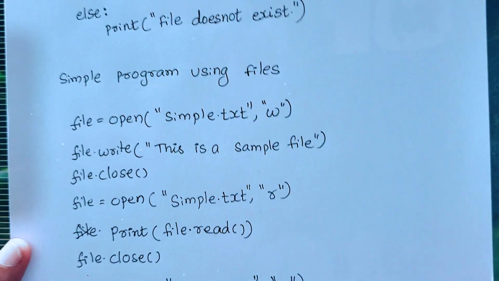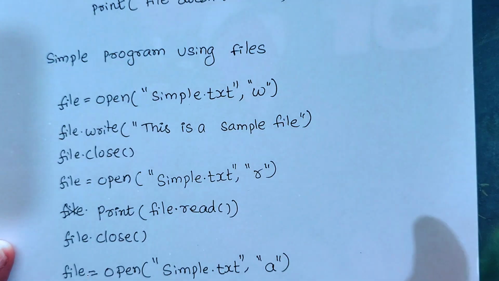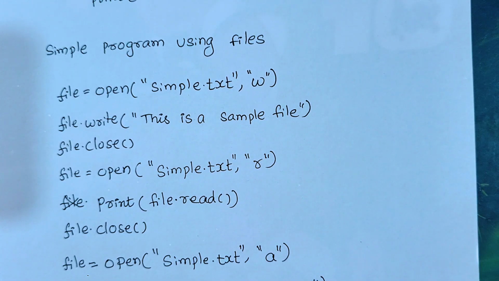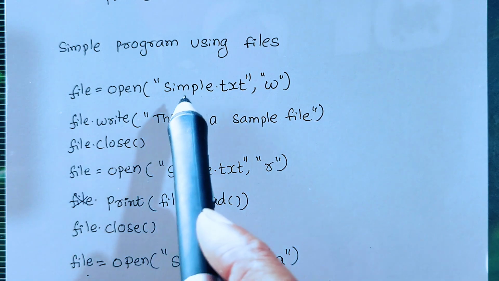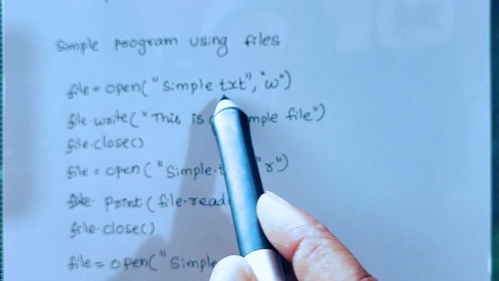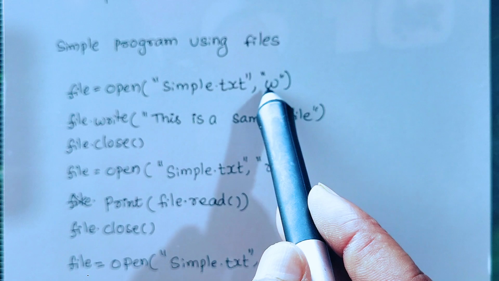Now you can see this program is a sample program using files. So now you see here, file = open('simple.txt', 'w').